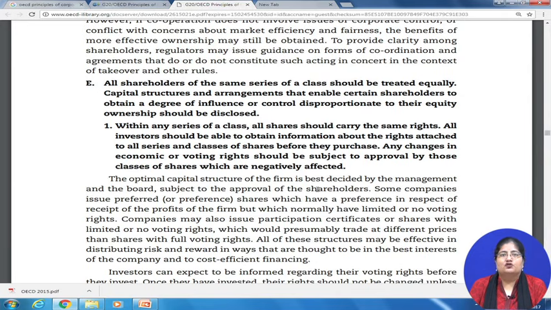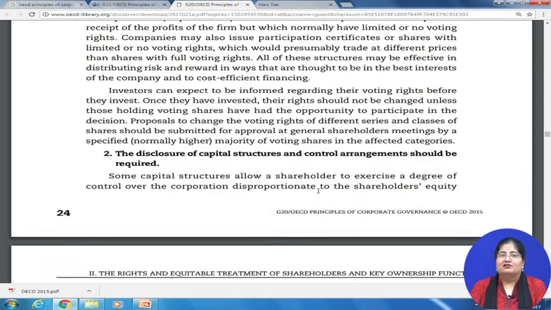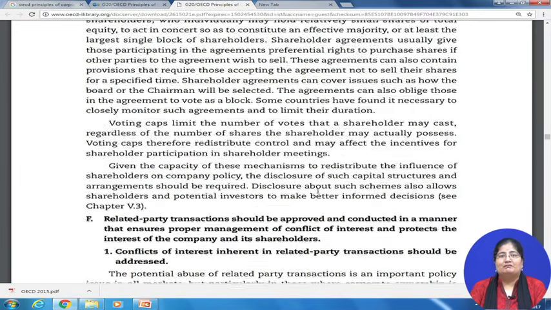All investors should be able to obtain information about the rights attached to all series and classes of shares before they purchase. Any changes in economic or voting rights should be subject to approval by those classes of shares which are negatively affected. The disclosure of capital structures and control arrangements should be required.